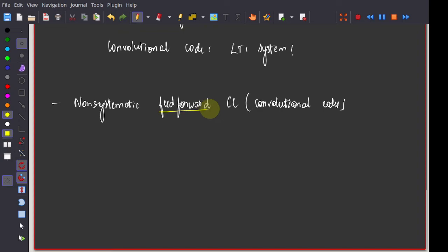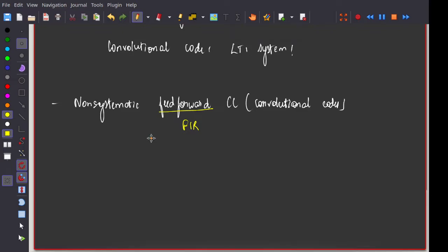Feed-forward essentially means that the impulse response is a finite impulse response. You can implement this using just feed-forward elements, and there's no feedback. It's not an IIR filter, it's an FIR filter.